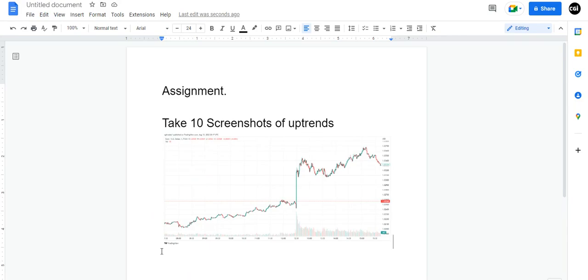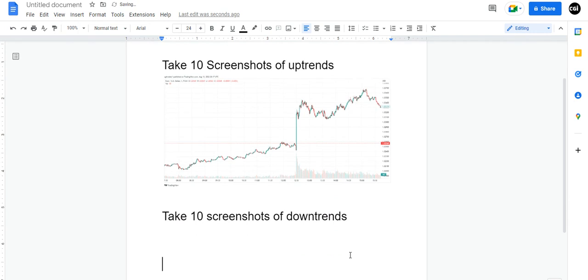Then after taking 10 screenshots of uptrends, you would also take 10 screenshots of downtrends.